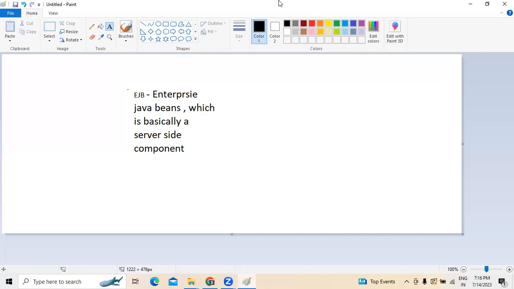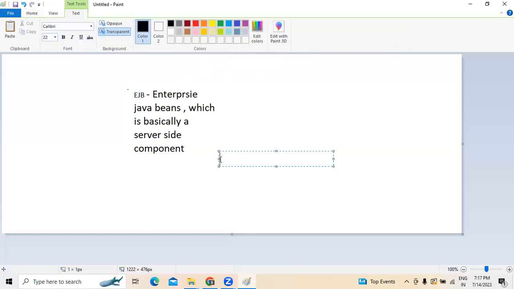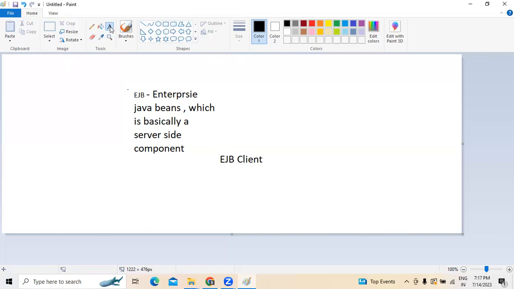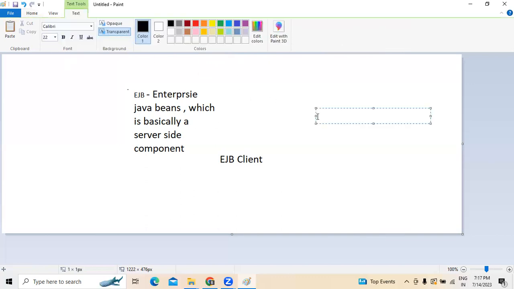Now, when we talk about EJB architecture on a high-level note, I'm going to draw a diagram so that you will have an idea of the EJB architecture. You can see here, this is what we generally call the EJB client, wherein this EJB client will be connecting to an EJB home interface.